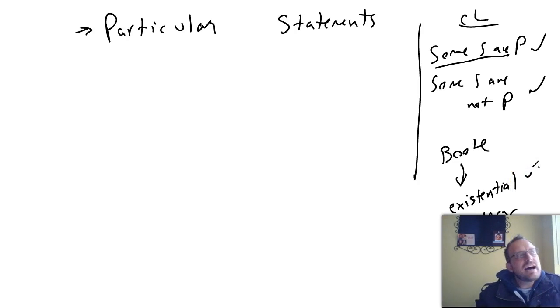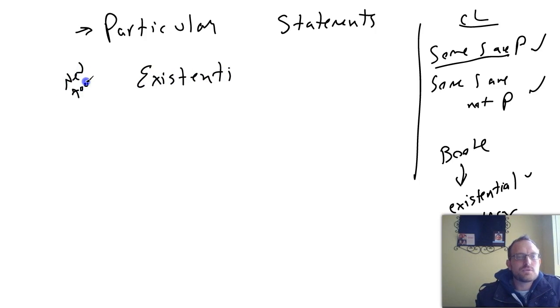So if we can have a universal quantifier, can we have an existential quantifier? That's exactly what we're going to do. We're going to create a new tool. This is our second new tool for today, an existential quantifier.